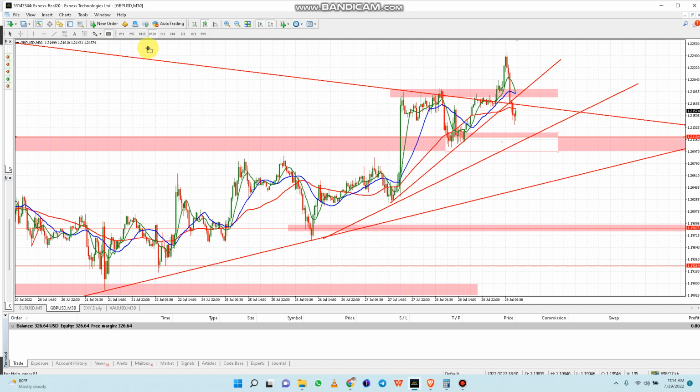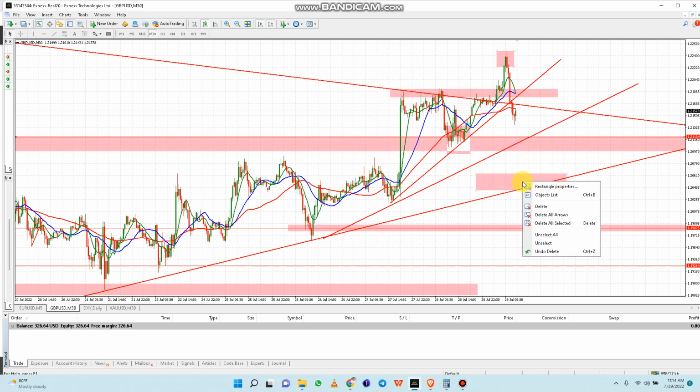All right. So to make things easy for you, just mark out your chart points. We have a new high formed here. This was the previous low, right?